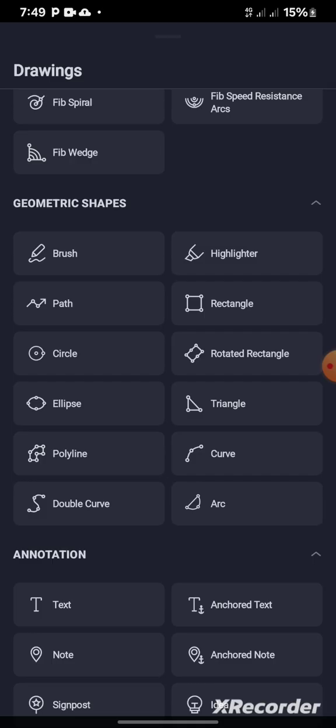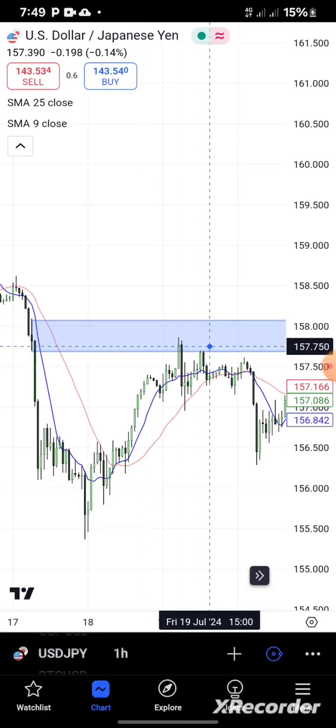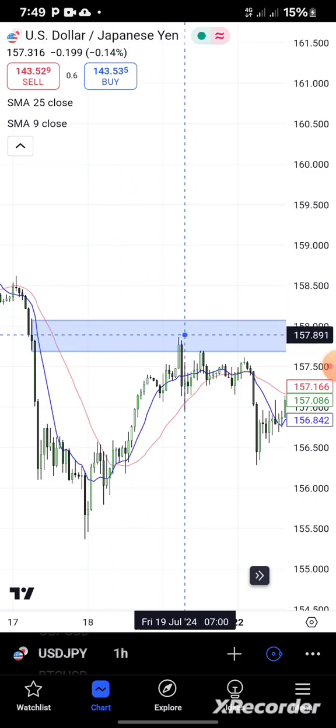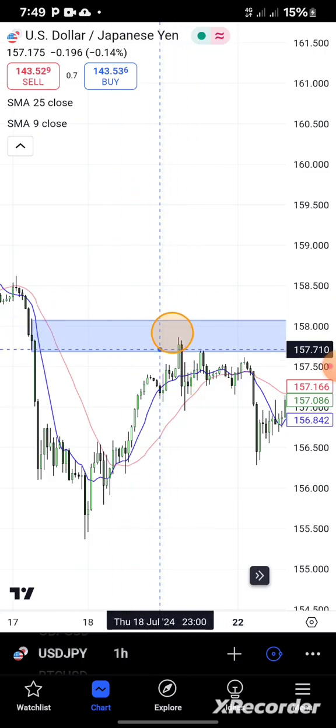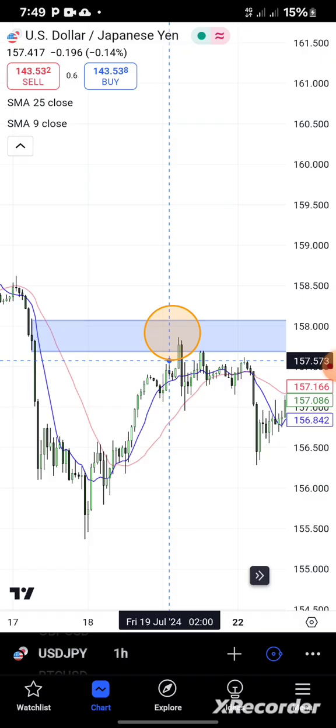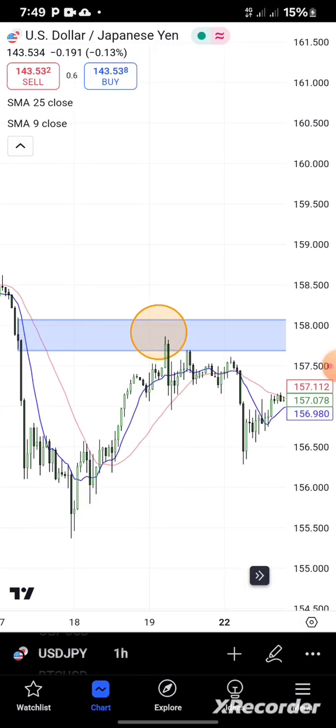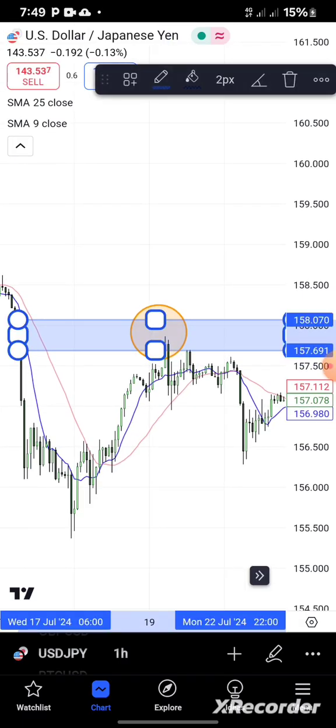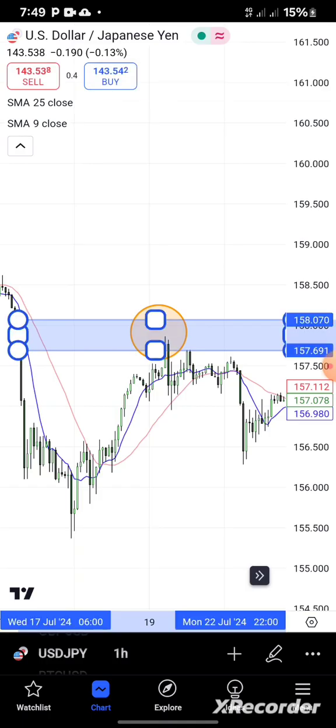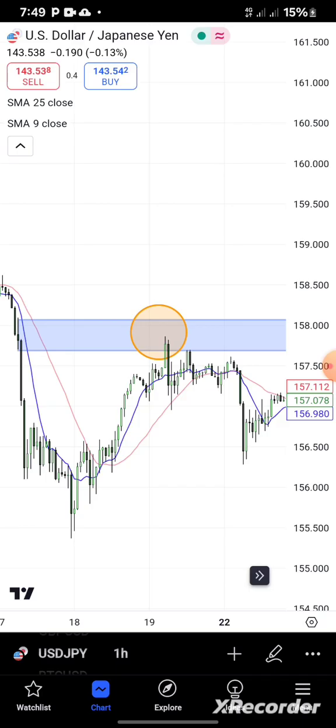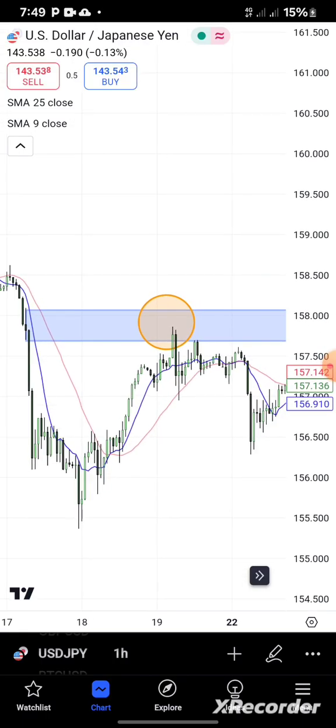When price hits the supply zone at this level, you're going to see that price taps that zone and heads to the downside.